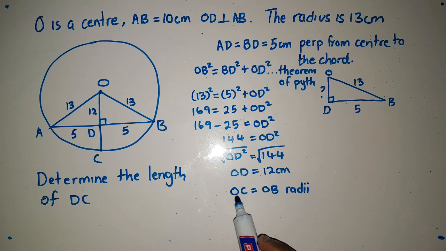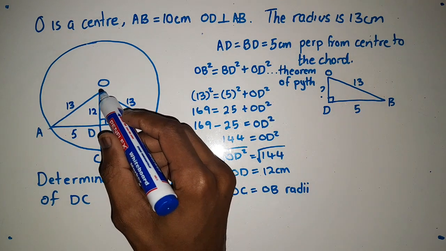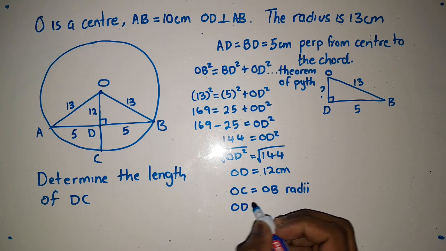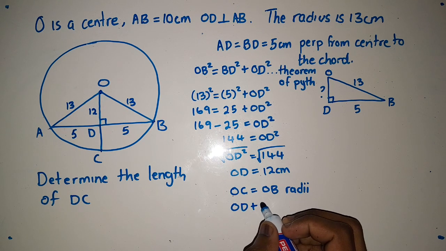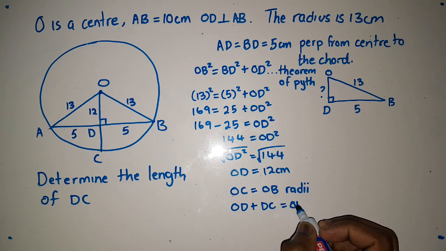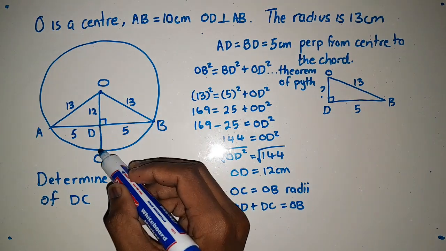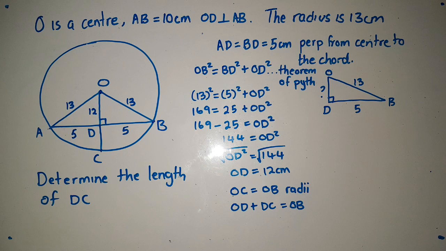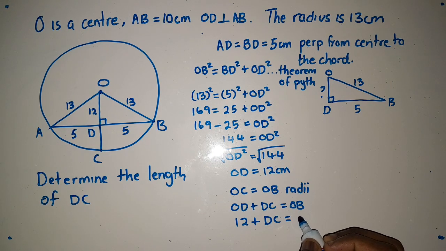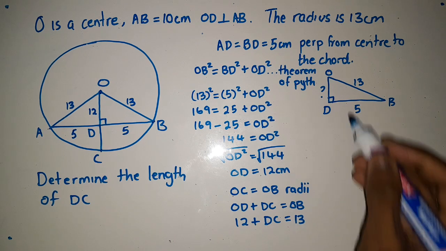But now we know that OC is made up of OD plus DC, which is equal to OB. We know the value of OD now is 12, of DC not yet. Then of OB, we know that is 13.